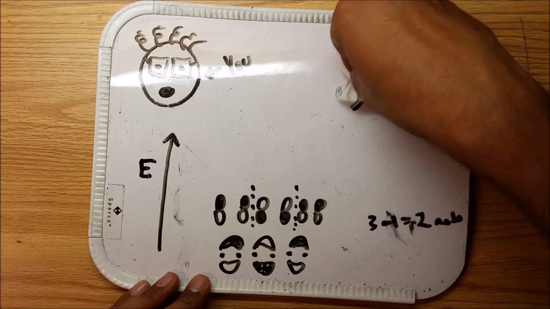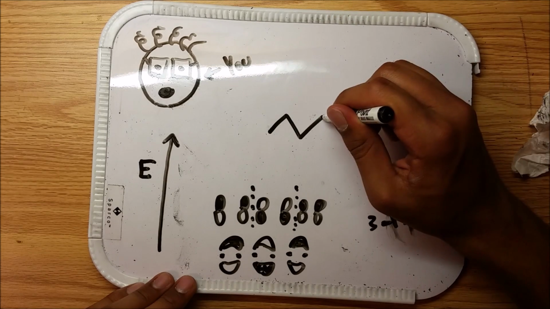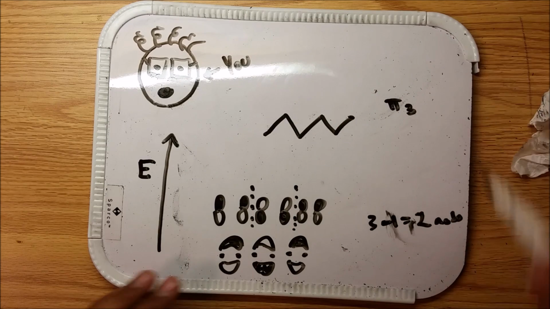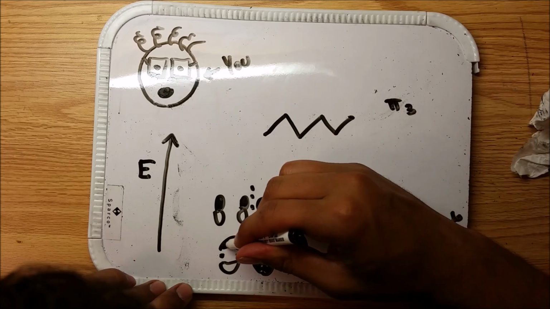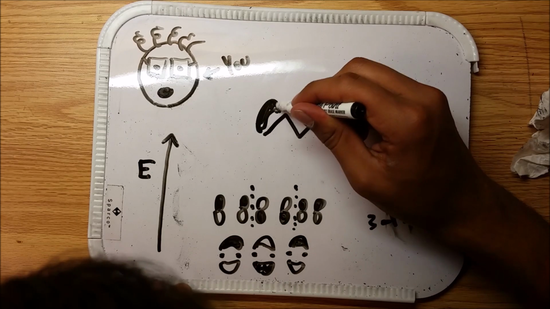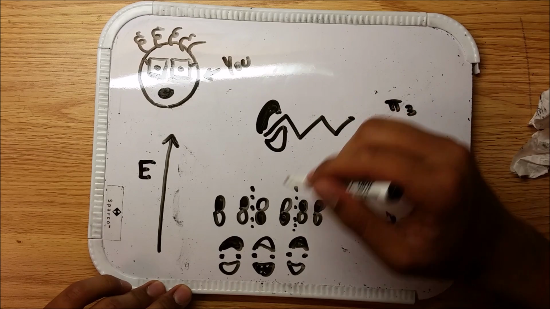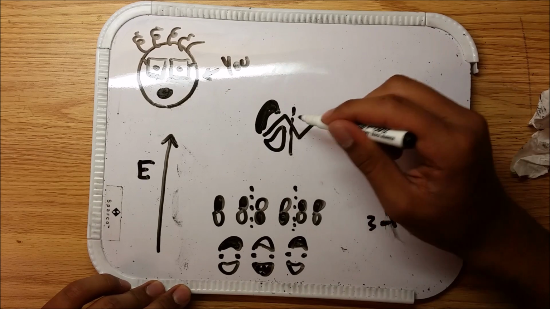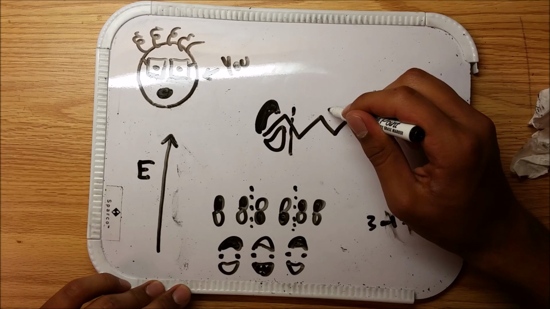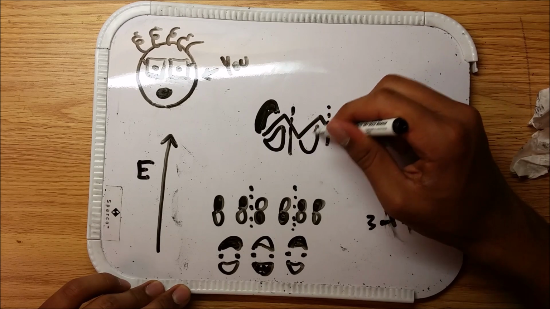So when we draw our molecule and how it looks in the physical world, it'll look like this. Draw the electron density as it is. Draw the nodes where they are. So this is between 2 and 3, and 4 and 5.